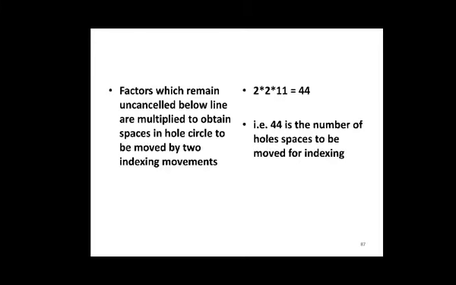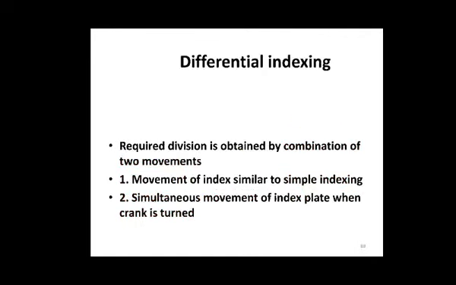Okay, now next, that is differential indexing. Here the required division is obtained by a combination of two movements: movement of the index crank similar to simple indexing and simultaneous movement of the index plate when the crank is turned.